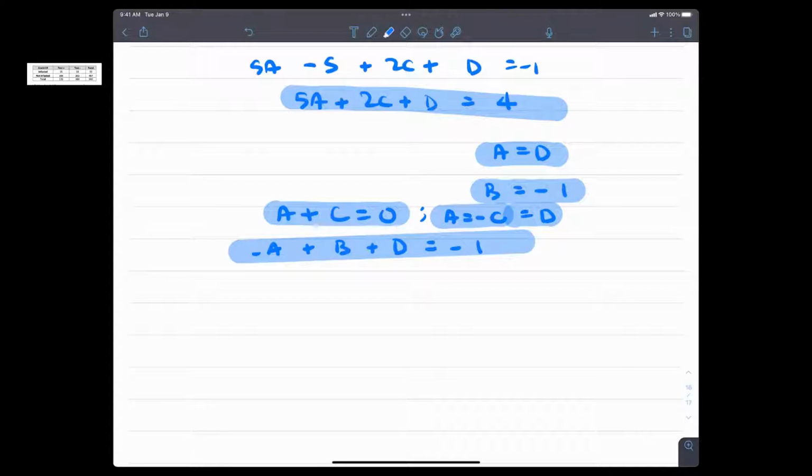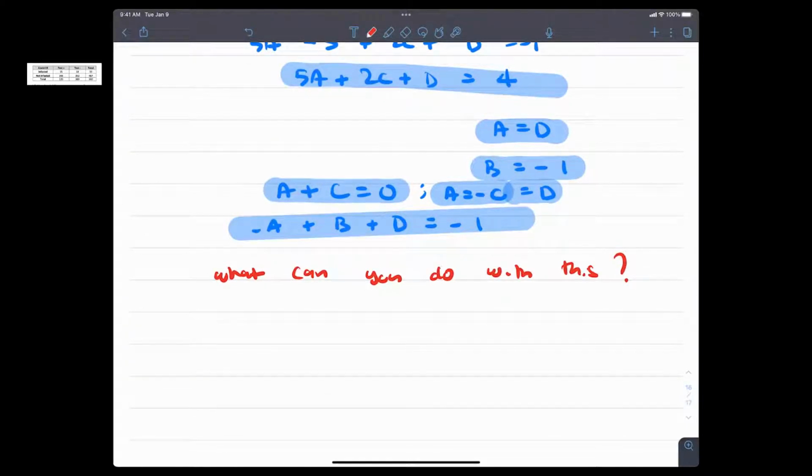Okay, so what do you think you could do here? Do you guys think you can see something there? I see a little bit of something.